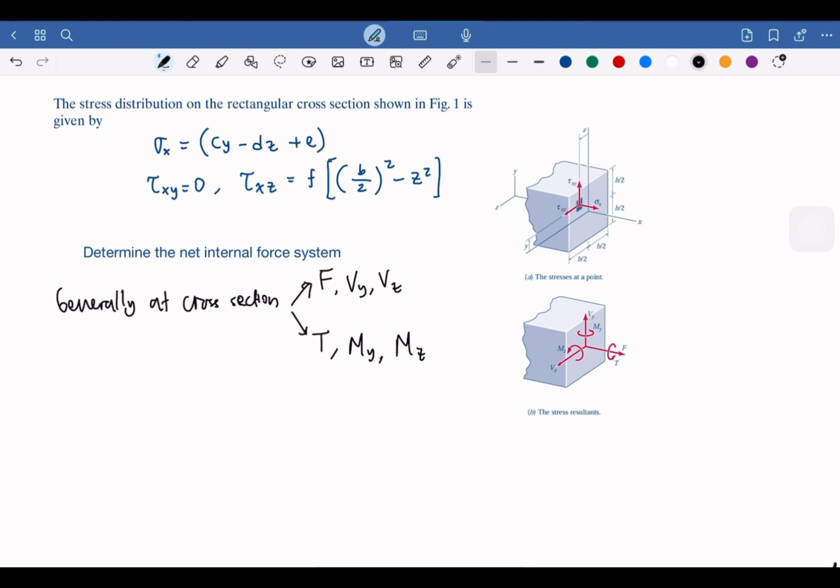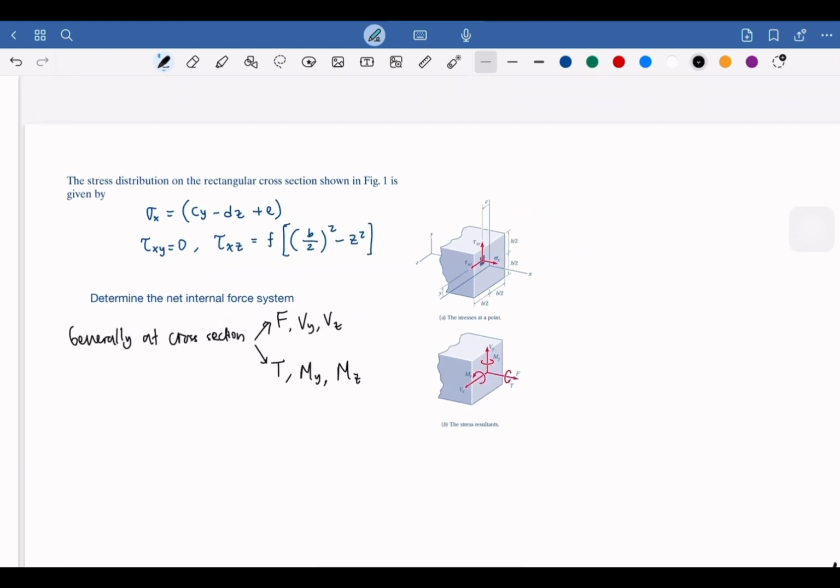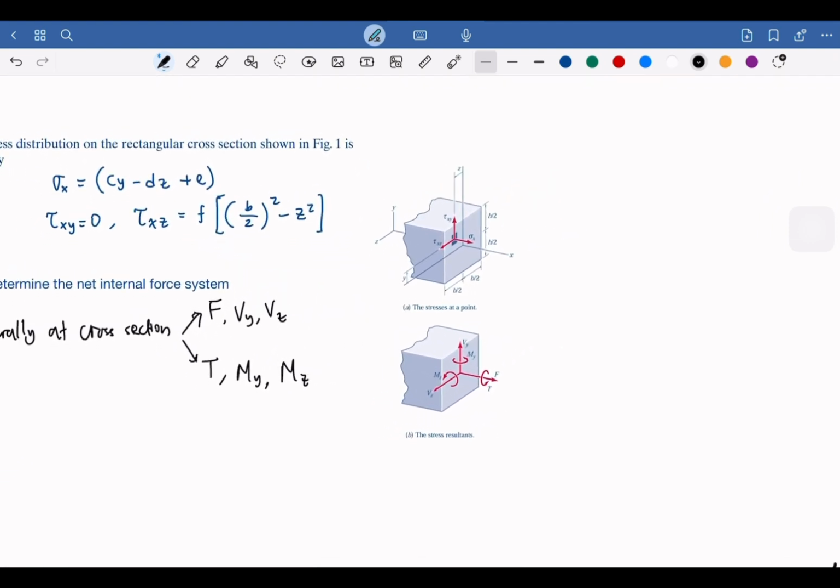Okay, now as we derived before, we could have the force, which is this integration of sigma x dA, right? And then we have the sigma x defined as cy minus dz plus e.